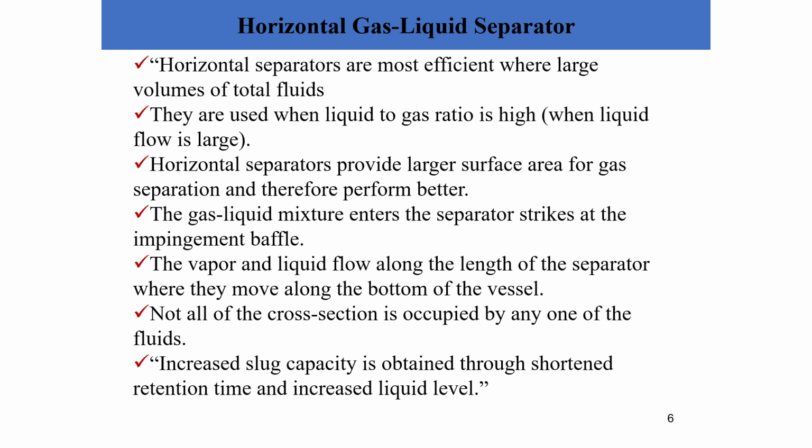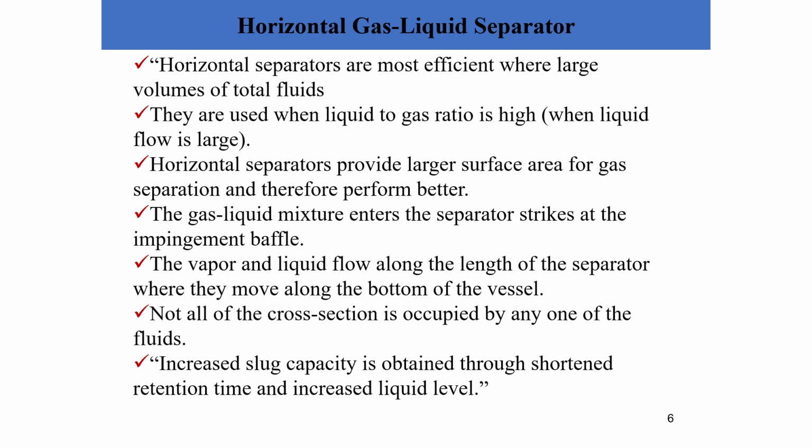Horizontal separators are very efficient when you have a large volume of total fluids, which means gas and liquid, or when you have a high liquid to gas ratio. It's better to use what we call horizontal separators. They have the advantage of providing a larger surface area for the gas separation.